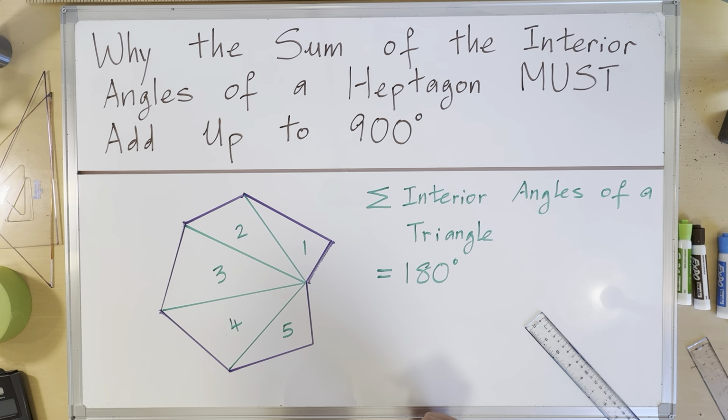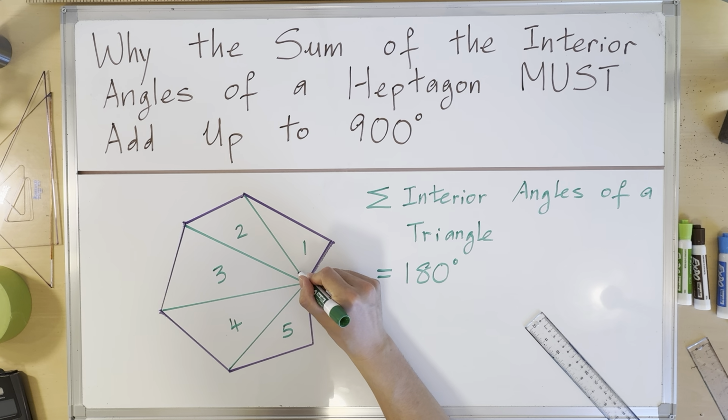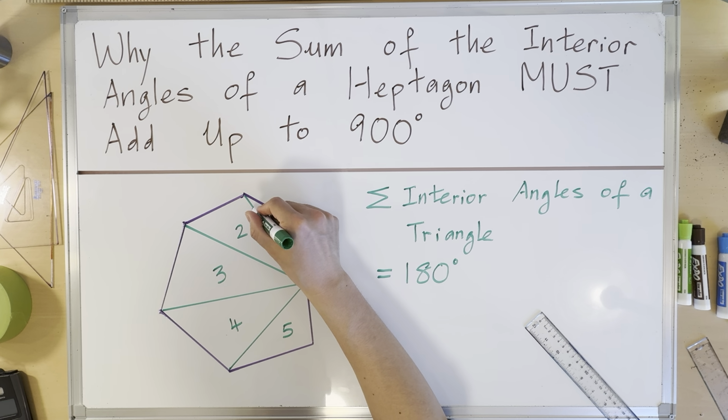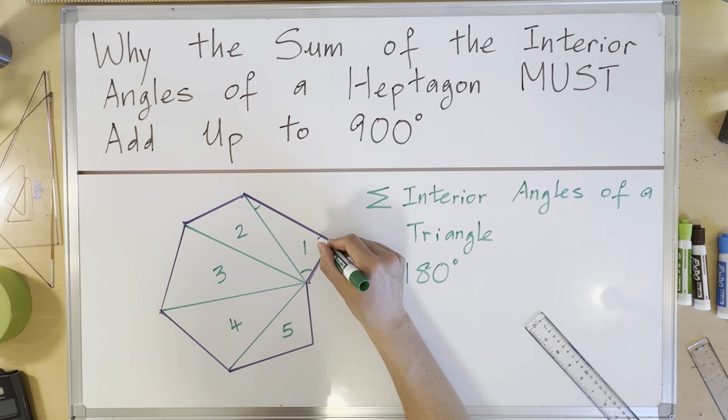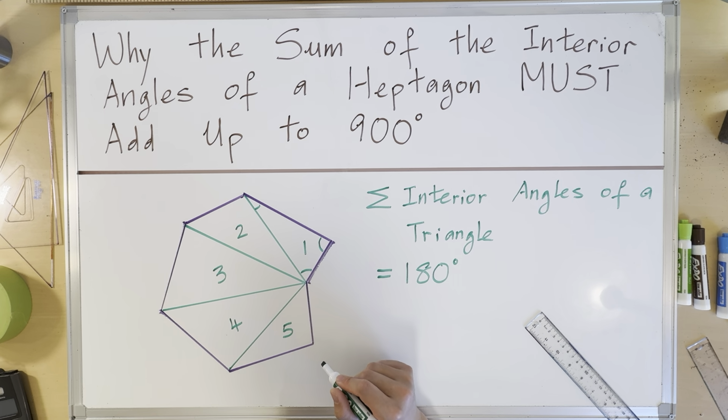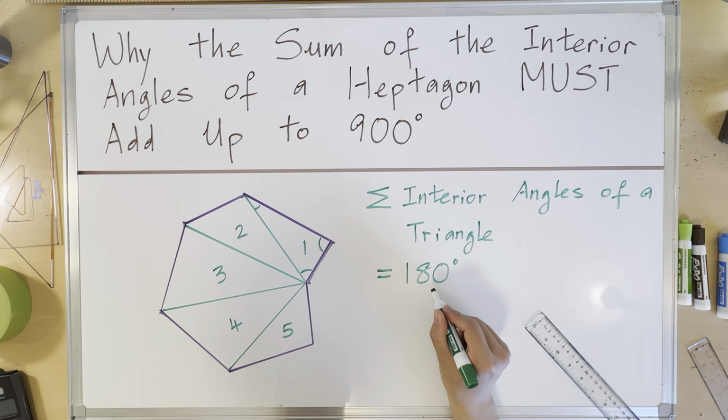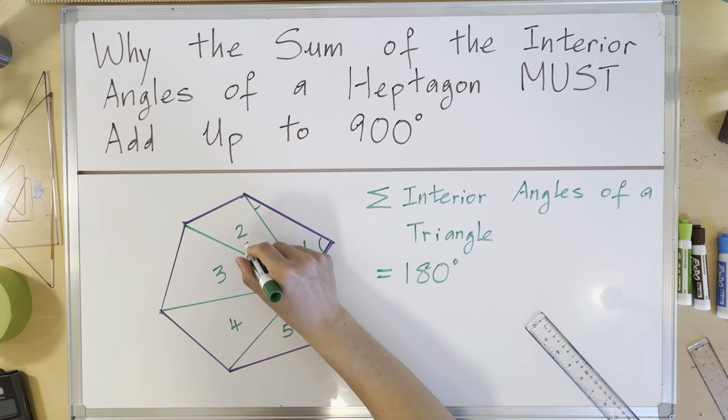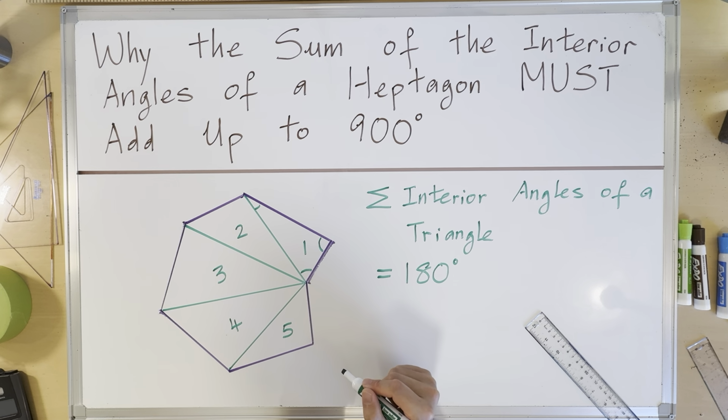If you take a look right here, this means that this angle right here and this angle right here must add up to 180 degrees. And that goes with the other 4 triangles as well.